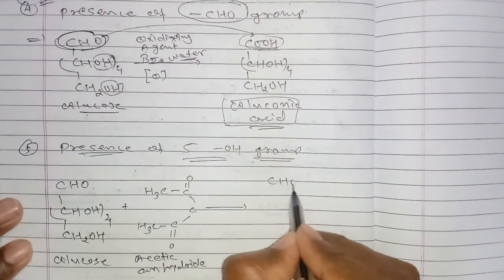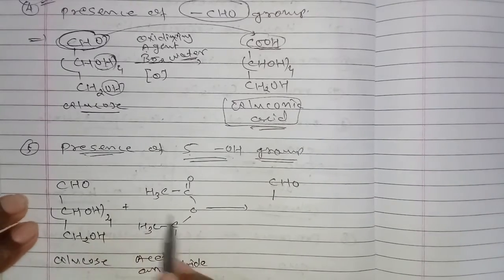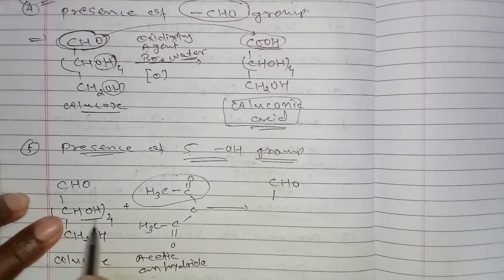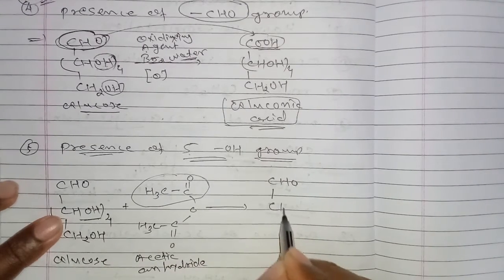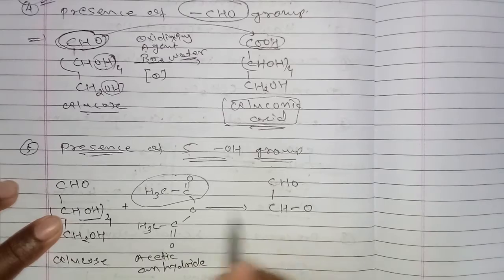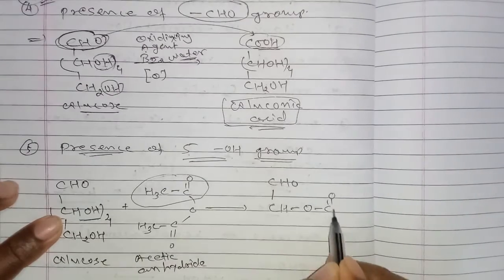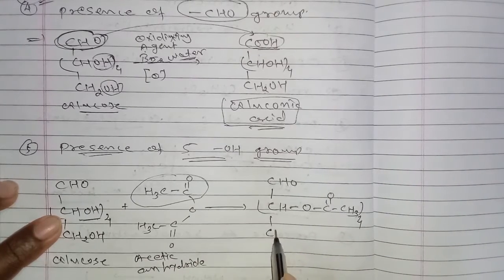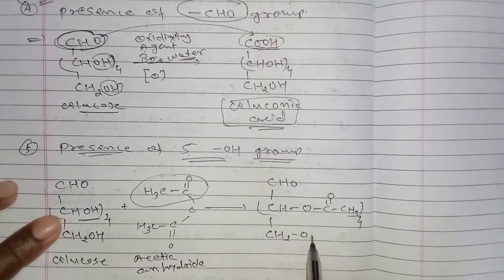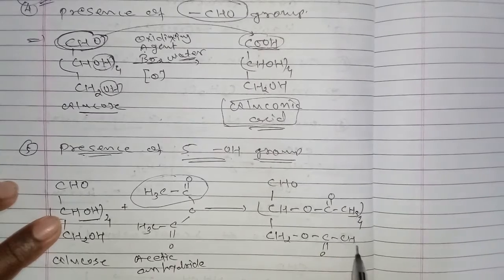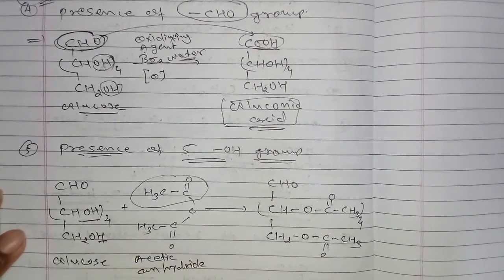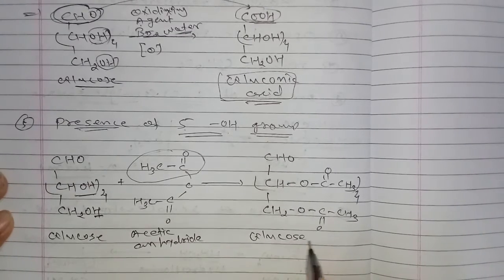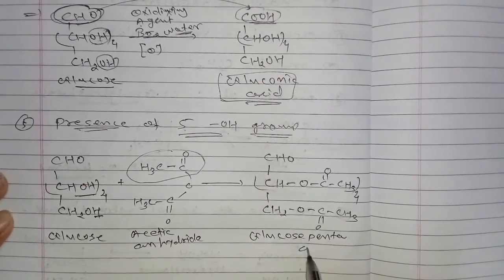Here CH remains the same and the O CO CH3 groups are attached four times, and here CH2O COCH3. So it is named glucose pentaacetate.